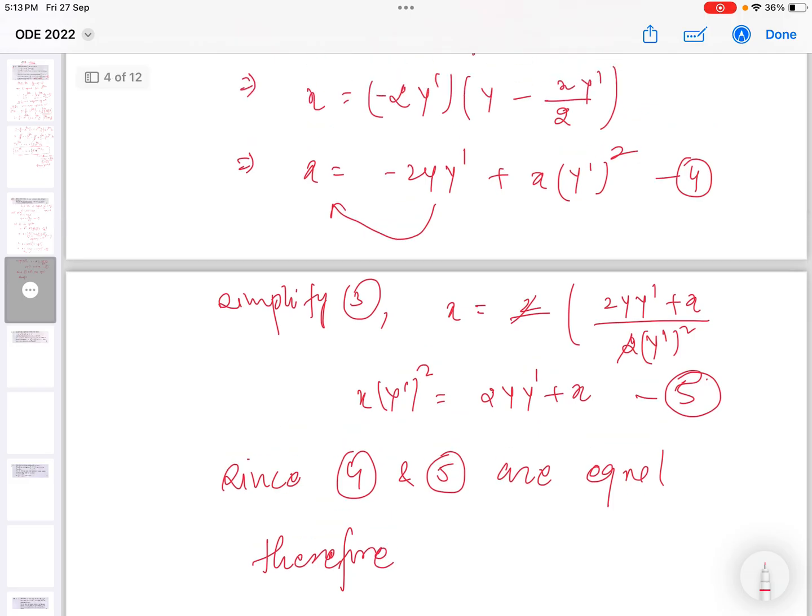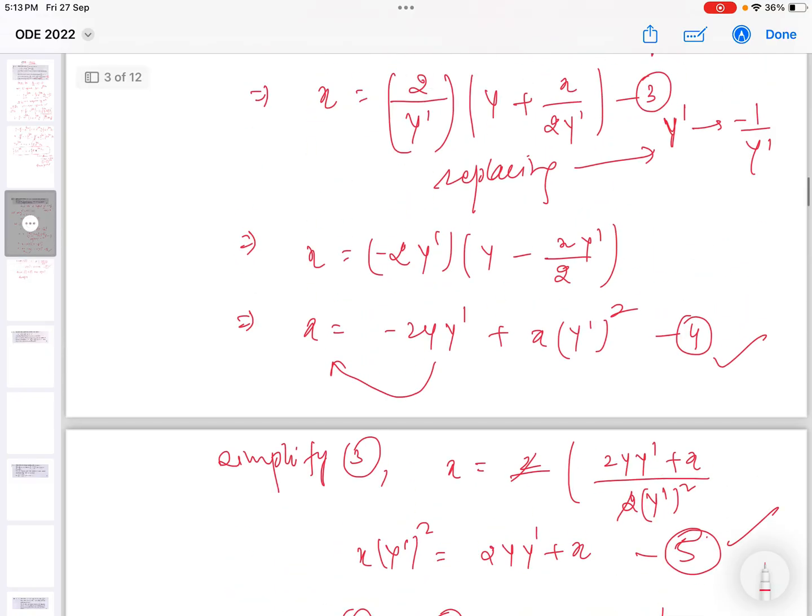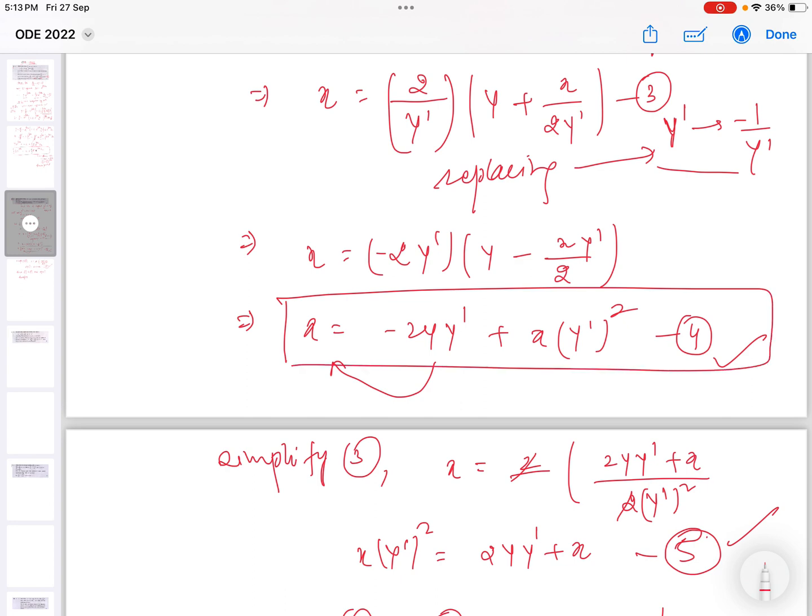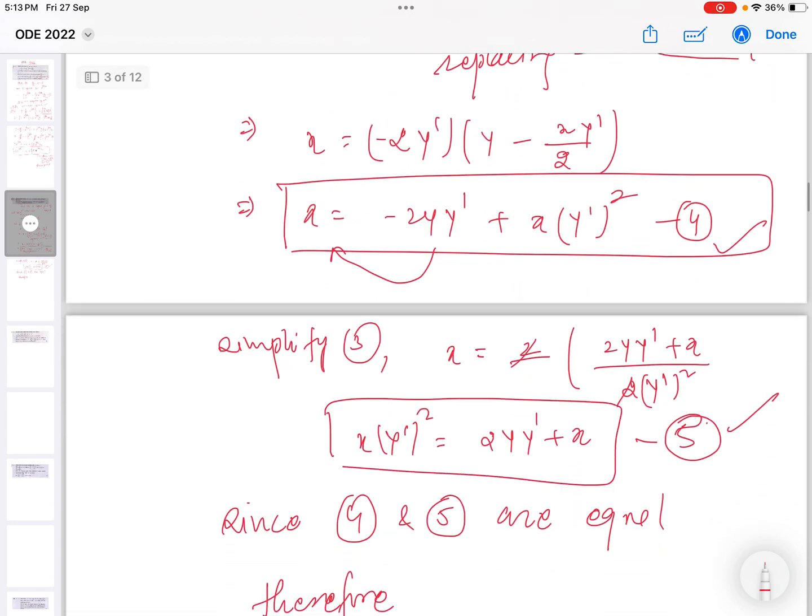You just bring it here, you will find that 4 is equal to 5. 4 is what we got from replacing y dash by minus 1 by y dash. So this is equivalent to this.